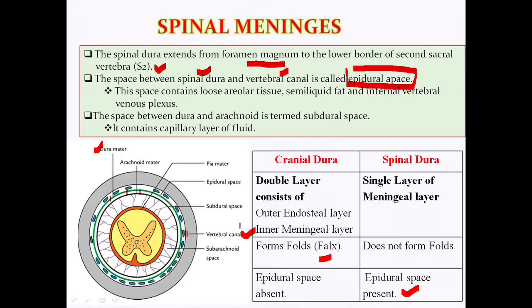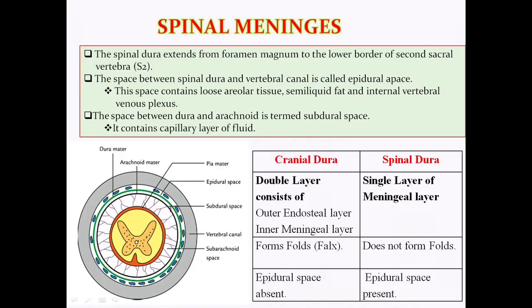Between the vertebral column and the dura mater, see the blue colored structures mentioned as the vessels, the venous plexuses. They contain loose areolar tissue, semi-liquid fat, and the intervertebral venous plexus.